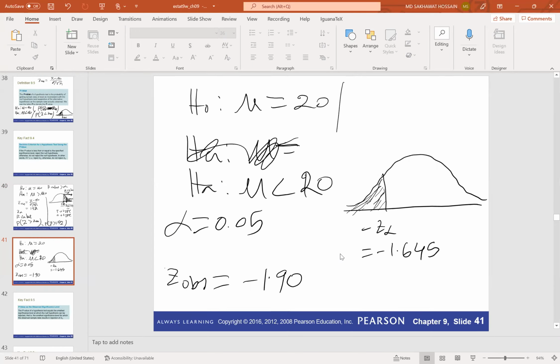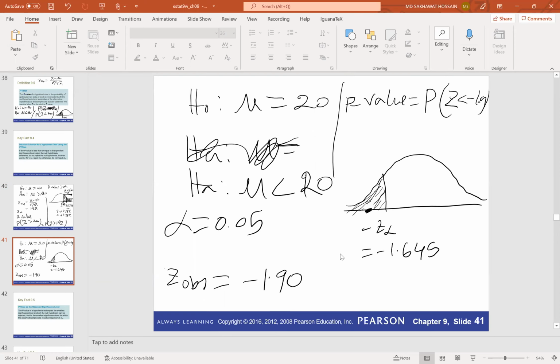So what is the p-value here? The p-value is the probability of z less than negative 1.9, because our test statistic is negative 1.9. So where should negative 1.9 be located? It should be located somewhere here, right?